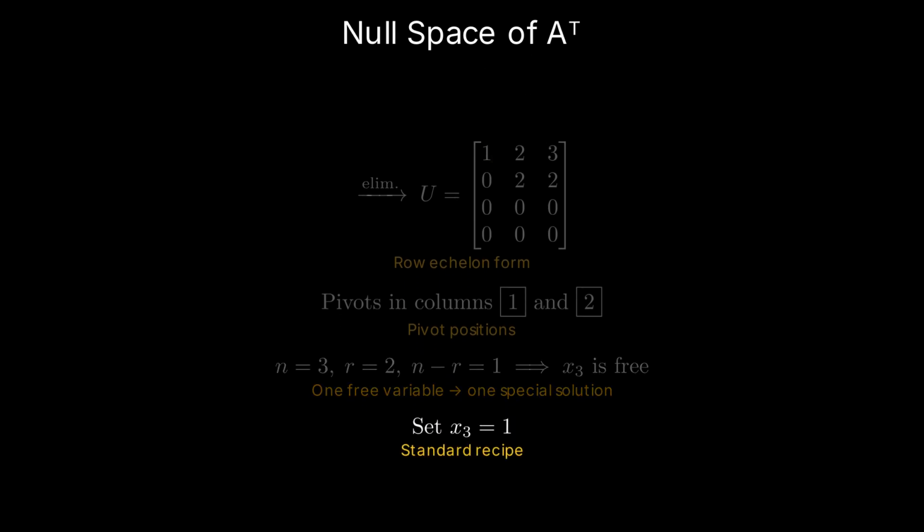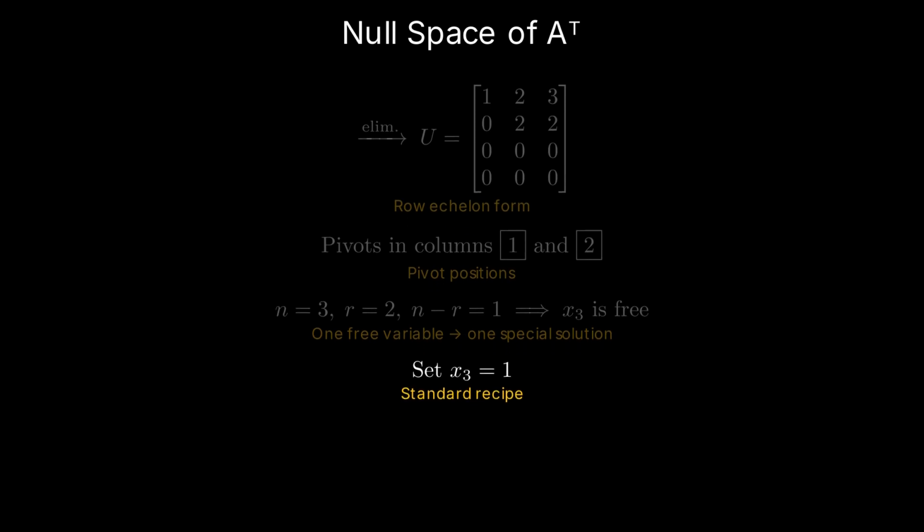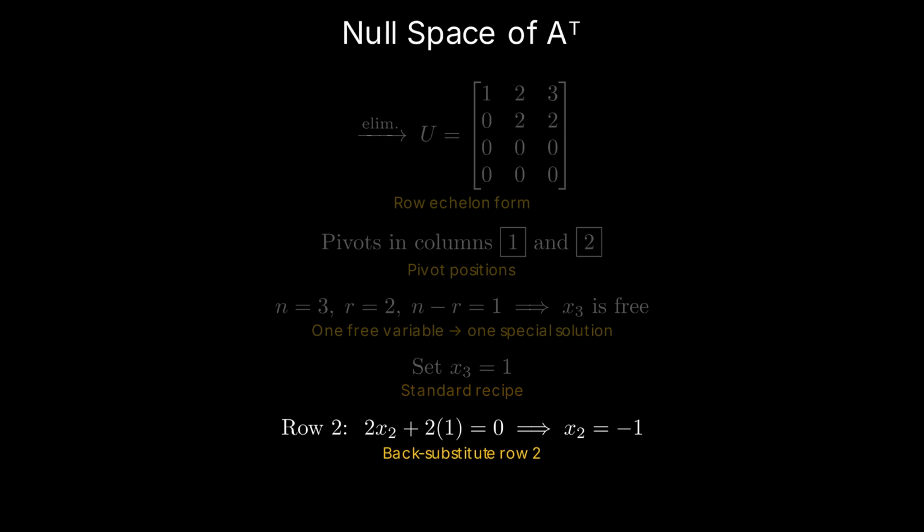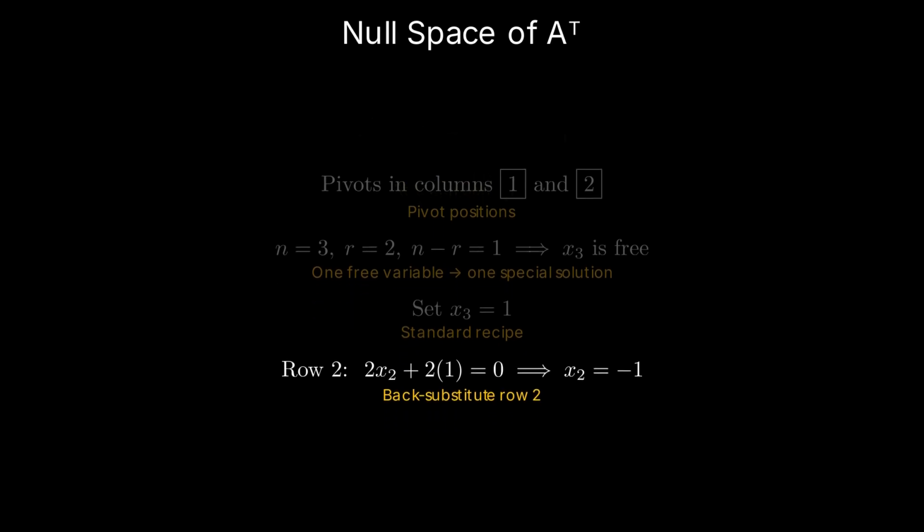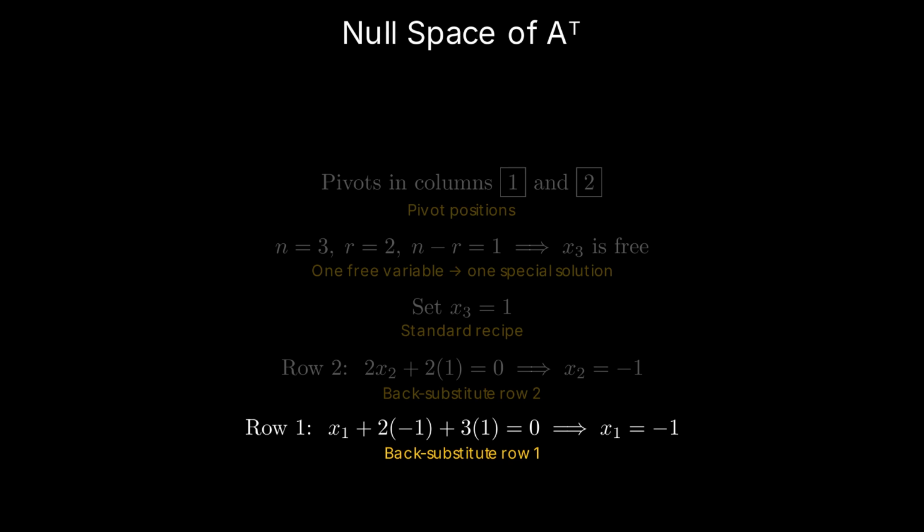We set x3 equal to 1 and back substitute. From row 2, x2 plus 2 times 1 equals 0, which gives x2 equals -1. From row 1, x1 plus 2 times -1 plus 3 times 1 equals 0. That simplifies to x1 minus 2 plus 3 equals 0, so x1 equals -1.